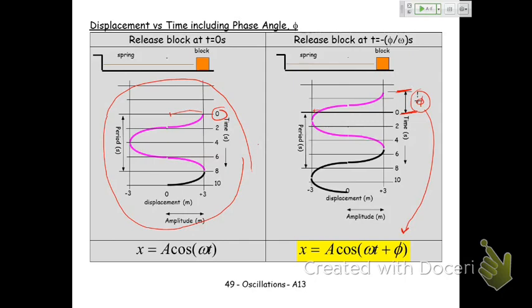They say students are not comfortable with radians per second, let's deal with hertz. And the relationship is, again, omega equals 2 pi f. So what they do is, every time you see an omega, you put down 2 pi f. So we have x is equal to a cosine 2 pi f times t.